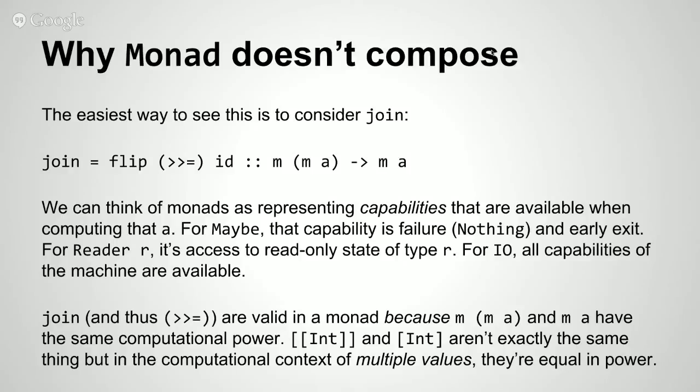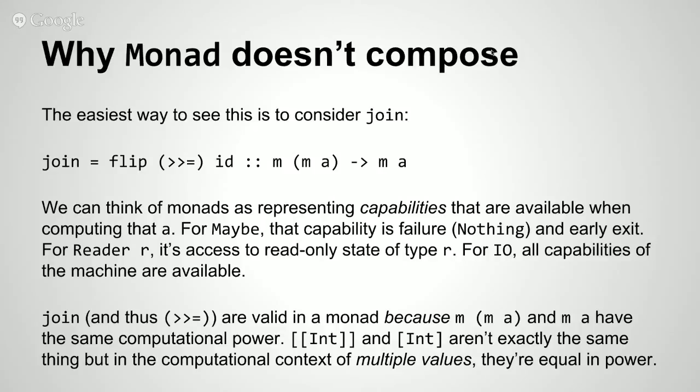And join is valid in a monad because M of M A and M A have the same computational power. You can't do anything more in an IO (IO A) than you can do in an IO A. And let's look at list to get a little bit more into this. A list of lists of ints and a list of ints, they're not really the same thing.